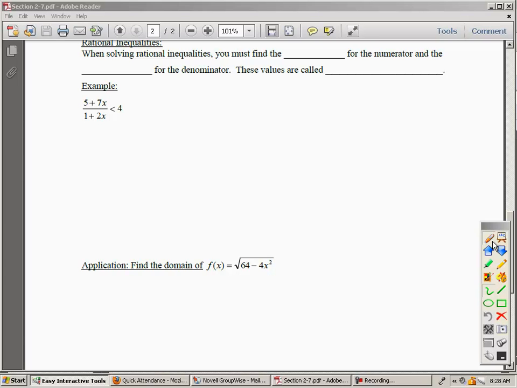We've talked about rational functions. They're fractions. The goal is to find the zeros for both the numerator and the zeros for the denominator. Both of those are called the critical numbers. And we looked at critical numbers before as just being the zeros.